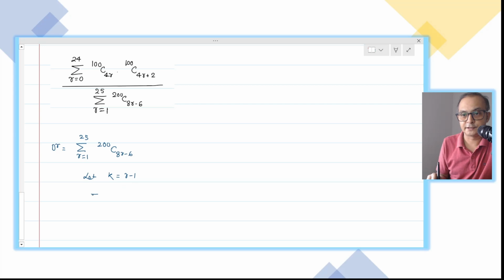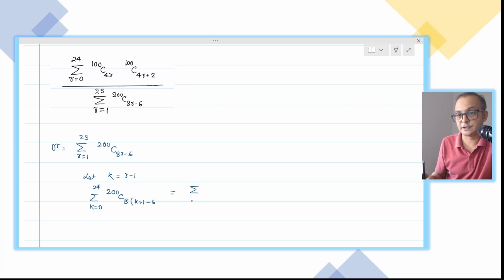So then I get summation K goes from 0 to 24, because for R is equal to 25, this will become 24. And here 200C, and in the place of R I am substituting K plus 1. So there will be K plus 1 and minus 6.